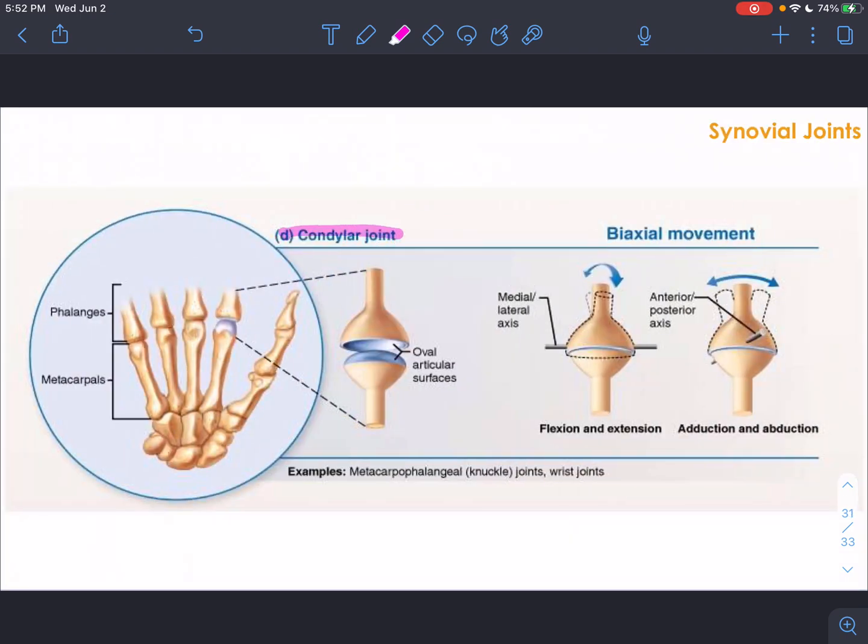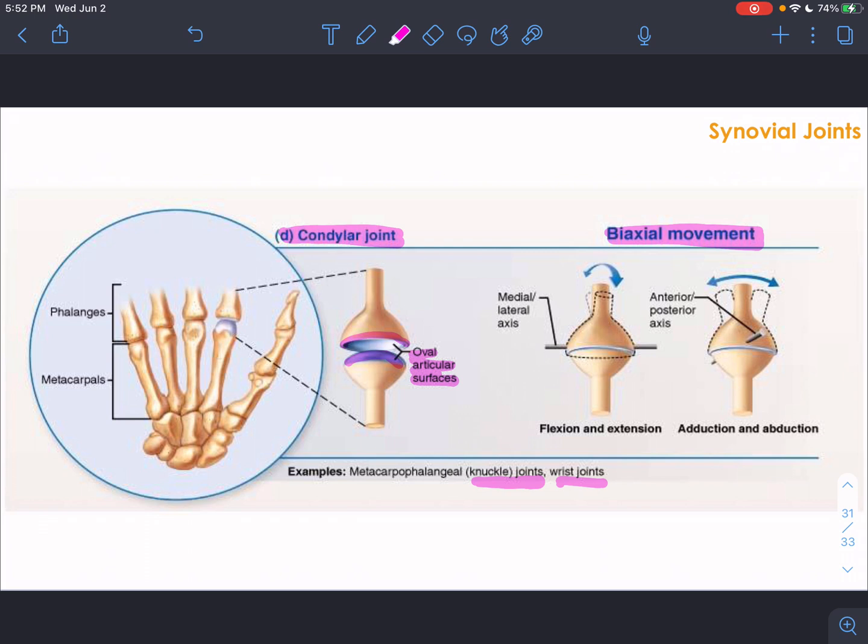We have condylar joints, which allow for biaxial movement, so movement in 2 planes. Condylar joints have oval articular surfaces, so kind of like a little teensy cup and a rounded part here. This is going to be mostly in the knuckle joints and some of the joints in your wrist.